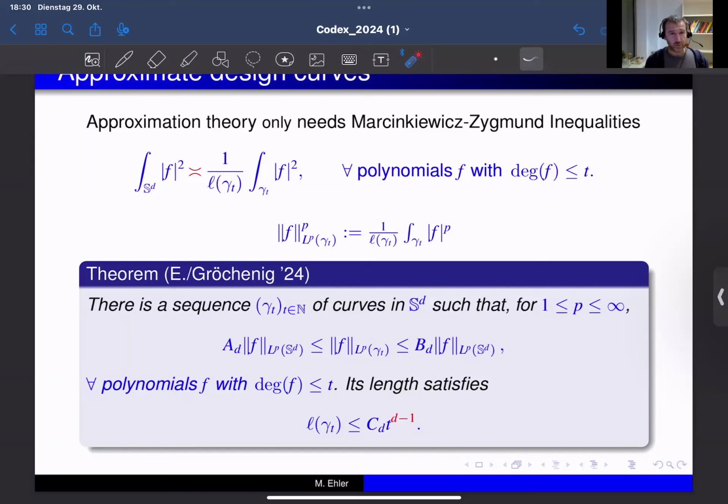The curve does not depend on p. The curve is there, and then it works for all p. And these constants, a, b, and capital C, only depend on the dimension. They do not depend on the curves or on p.